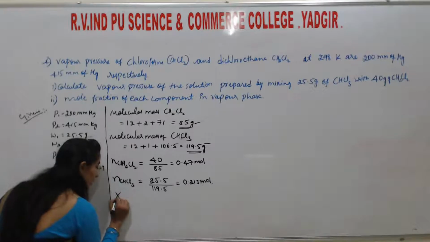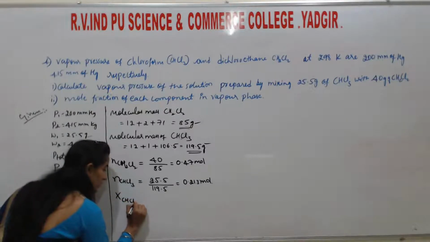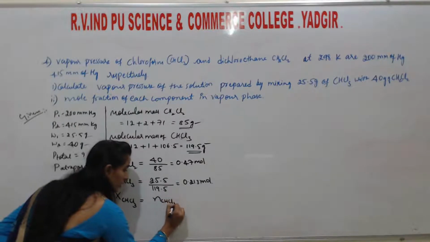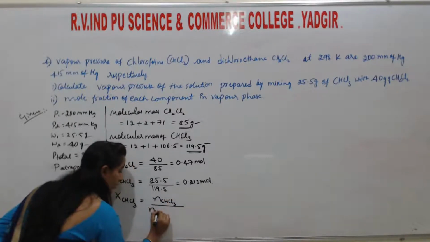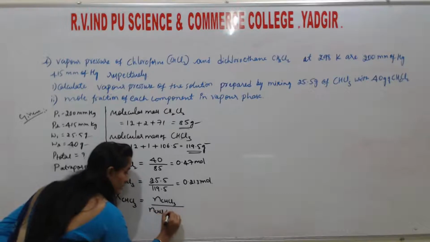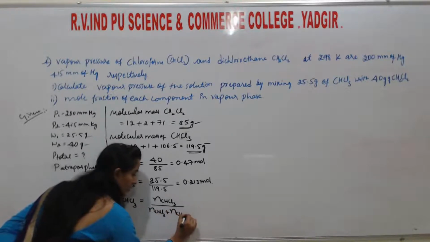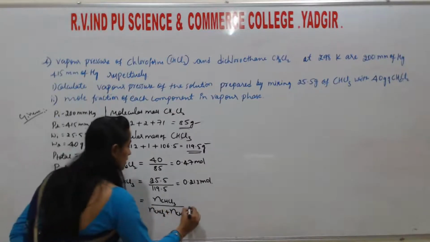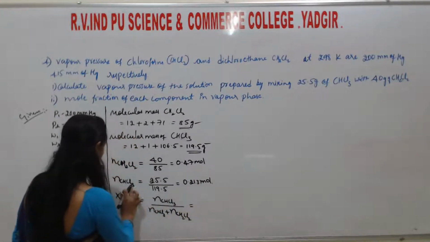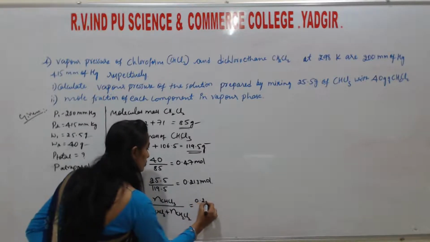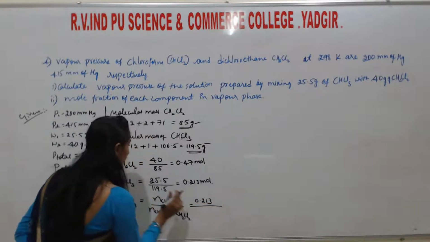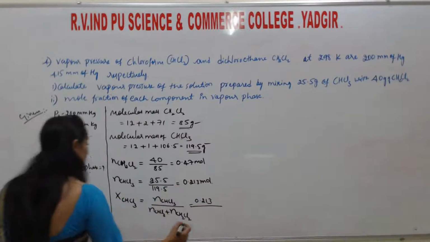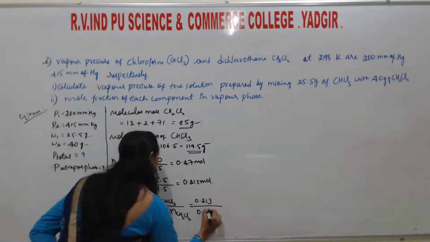Then calculate X of CHCl3. What is the formula? N of CHCl3 divided by N of CHCl3 plus N of CH2Cl2. Correct? So N of CHCl3 is 0.213, divided by, if you add both the values students you will get 0.683.